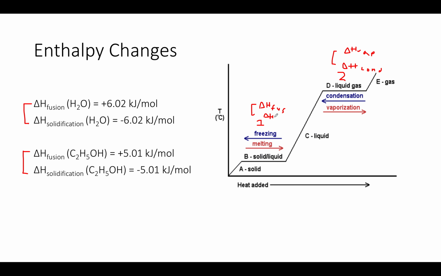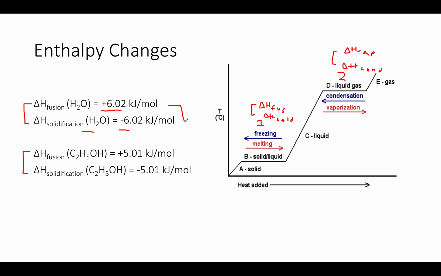So what I'm demonstrating here to the left is that these changes have the same value. When we're melting water, we're absorbing 6.02 kilojoules of heat. It's an endothermic change. The opposite, we're coming from the left now. We're solidifying the water into ice. That's a negative value for enthalpy. We're releasing heat.